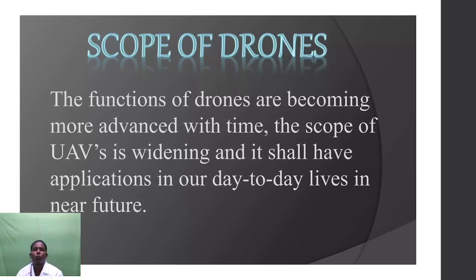What is the scope of our drone in recent times? The functions of drones are becoming more advanced with time. Our technology is improving, so we are using drones for so many advanced things.